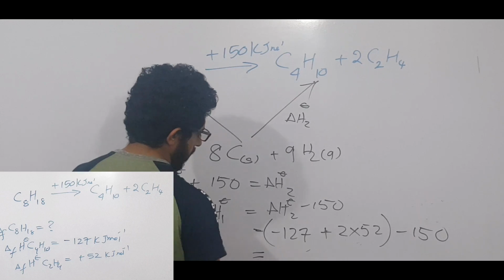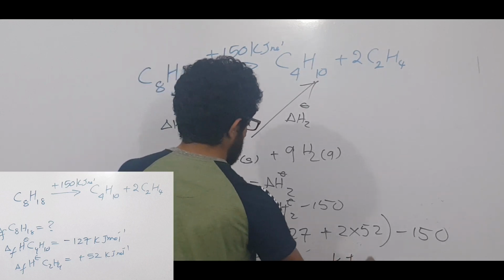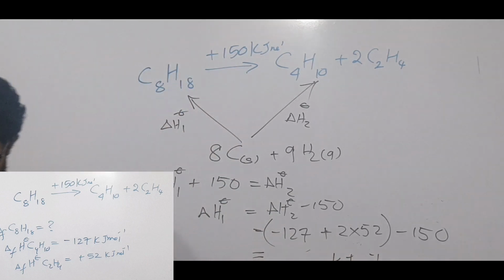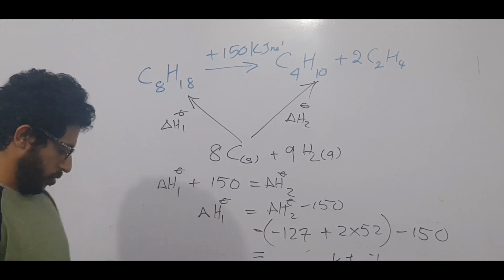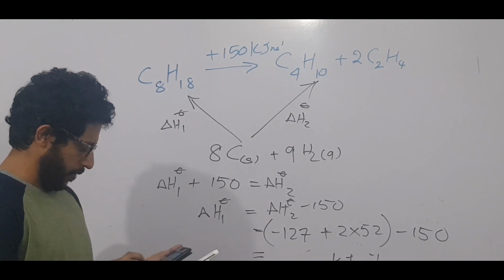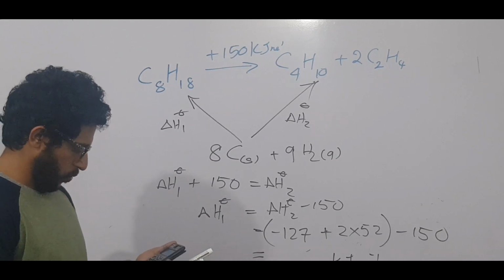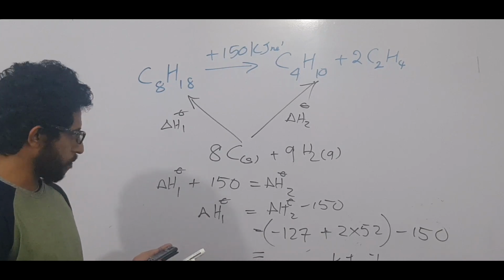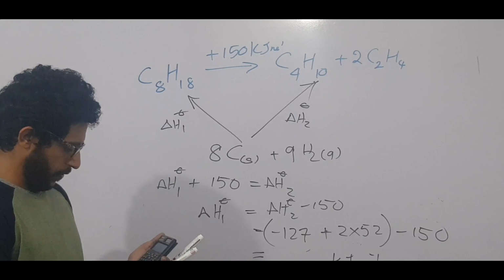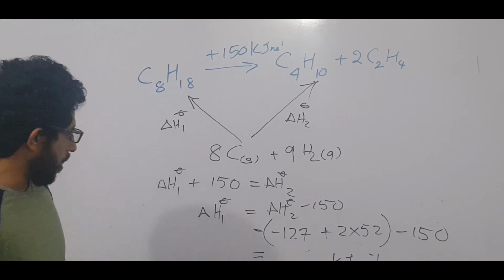So you can get the formation enthalpy of C8H18 using that. So minus 127 plus 2 into 52 minus 150. So minus 170.